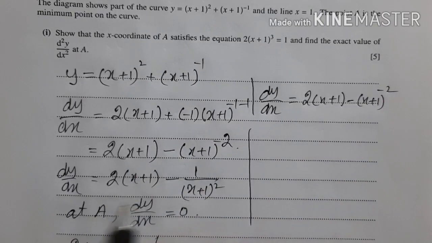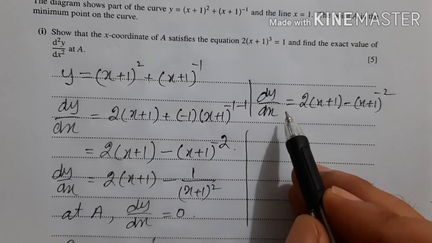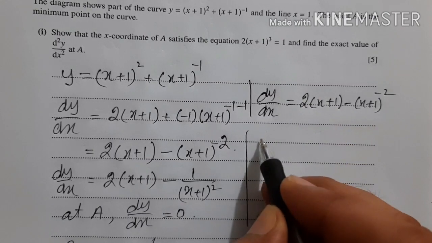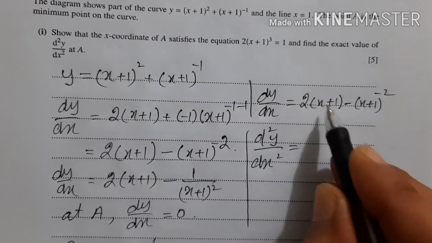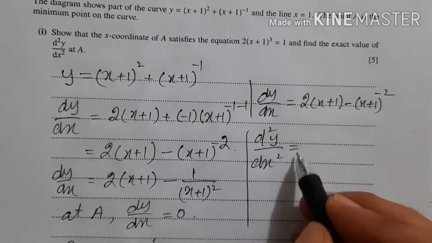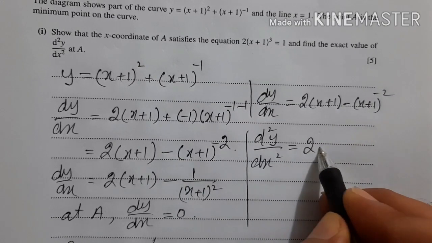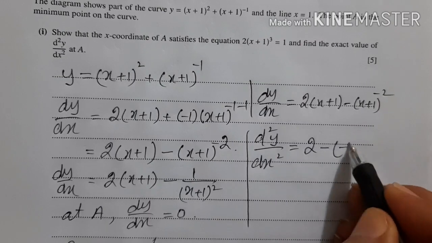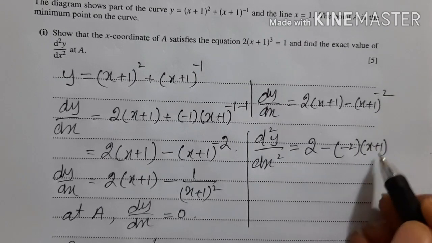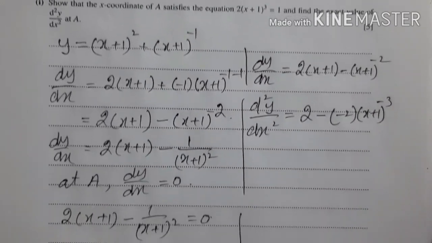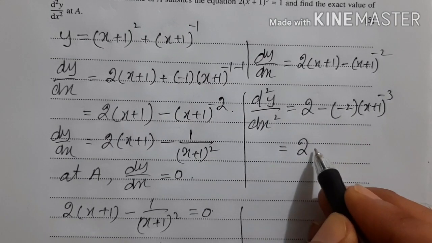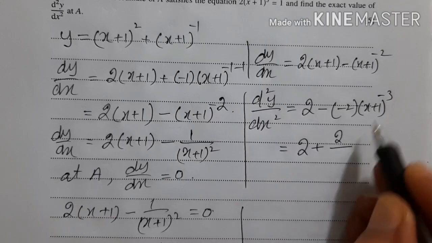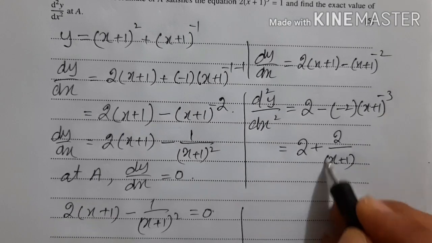Again, taking the derivative with respect to x, d2y over dx square will become 2 minus (minus 2)(x plus 1) raised to power minus 3. So this will be 2 plus 2 over (x plus 1) cubed.